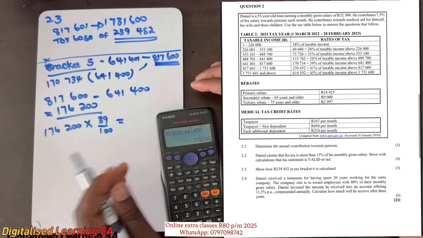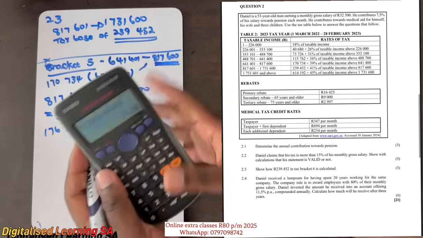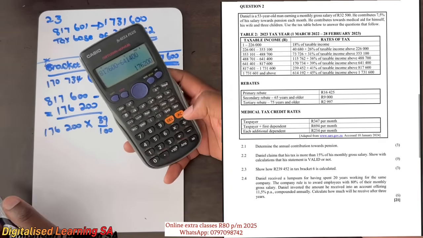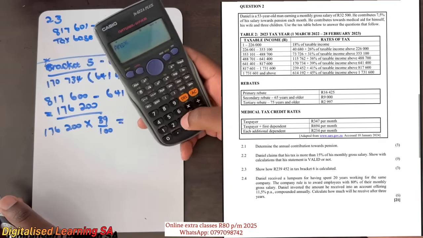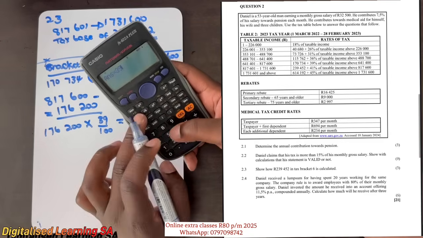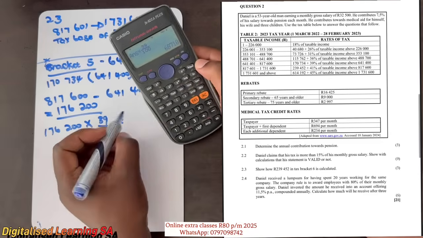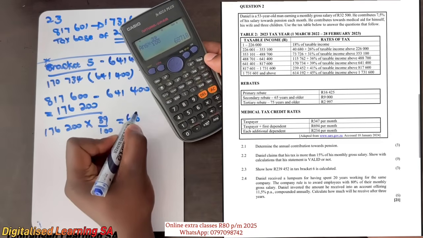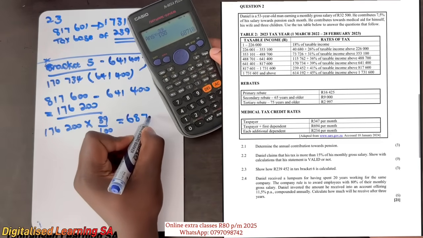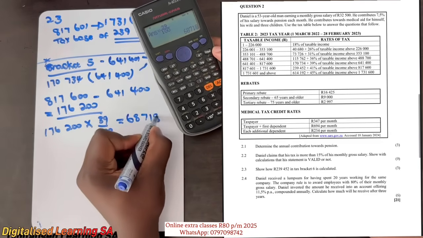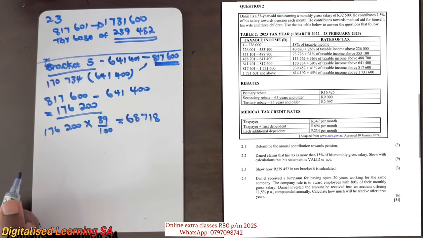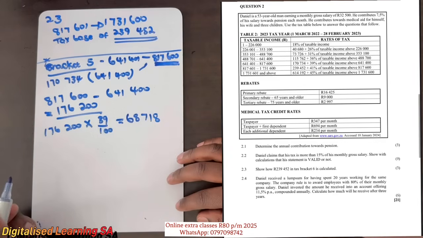So it's 176,200 multiplied by 39%, which is 39 over 100, and we'll see that our answer is 68,718.